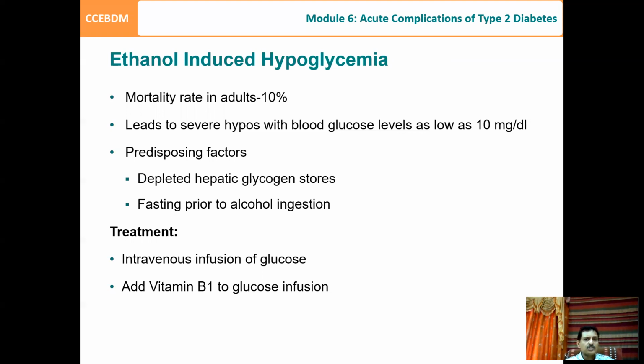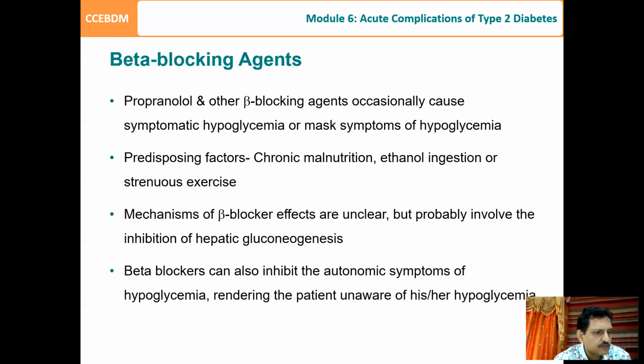If there is cirrhosis, the hepatic glycogen store is very low. So quite naturally, the possibility of severe hypoglycemia is very high. So we treat the patient with intravenous infusion of glucose, and we may add vitamin B1, because the patient was alcoholic. Now, beta blocking agents very occasionally can cause symptomatic hypoglycemia.